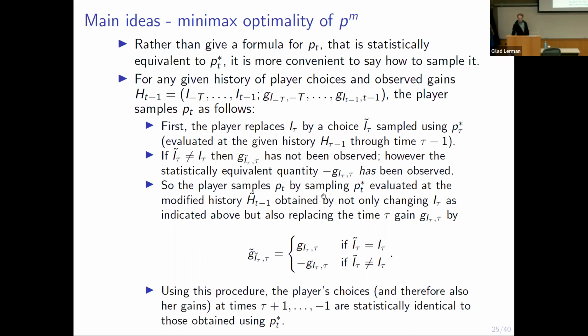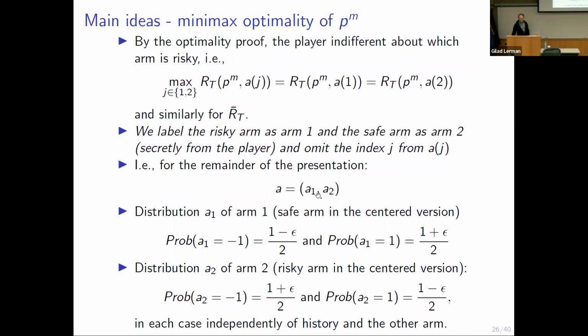Okay, so then from the optimality proof, we also see that the player is indifferent. I mean, everything is symmetric, so it's completely expected. The player is indifferent about which arm is risky. So this maximization, for the optimal policy, gives us the same values of regret.